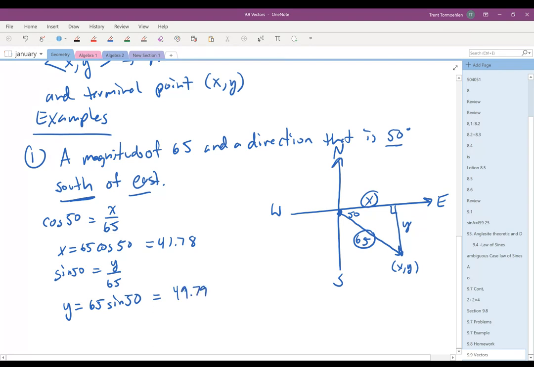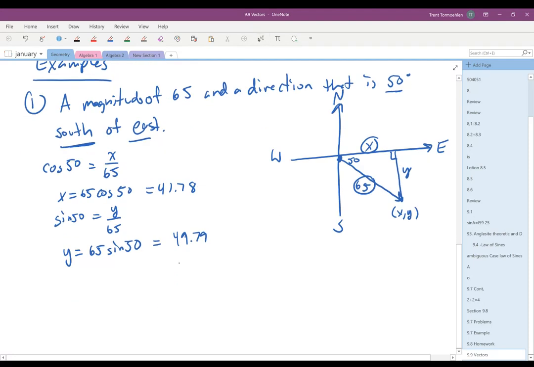So that means the answer for this vector is 41.78, note it's positive, and then negative 49.79. And it's negative because the y value is below the x-axis.